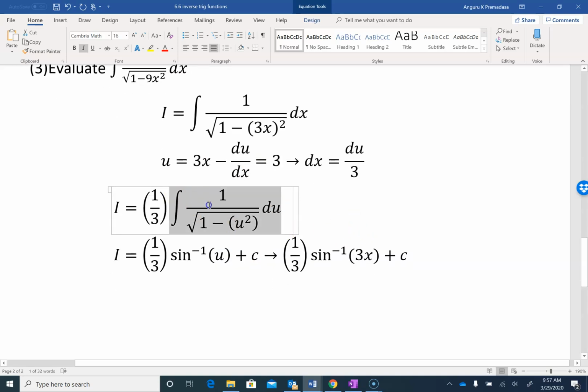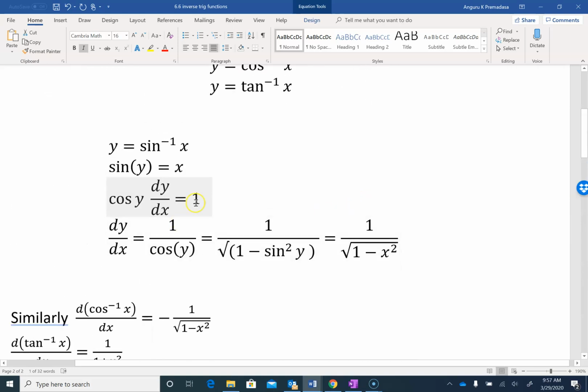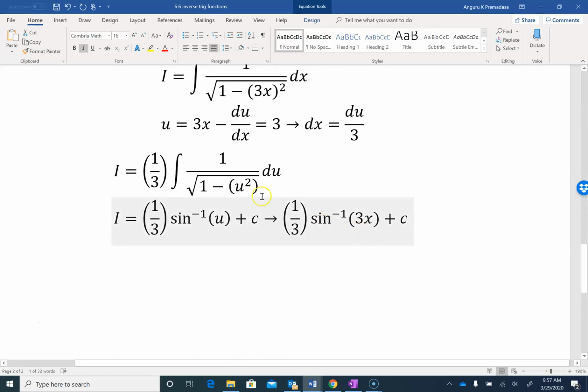We know that this is the derivative of the inverse sine. Remember, that is the derivative of the inverse sine of x. So the integral of that should be the inverse sine of u. The answer is 1/3 inverse sine of u plus c.